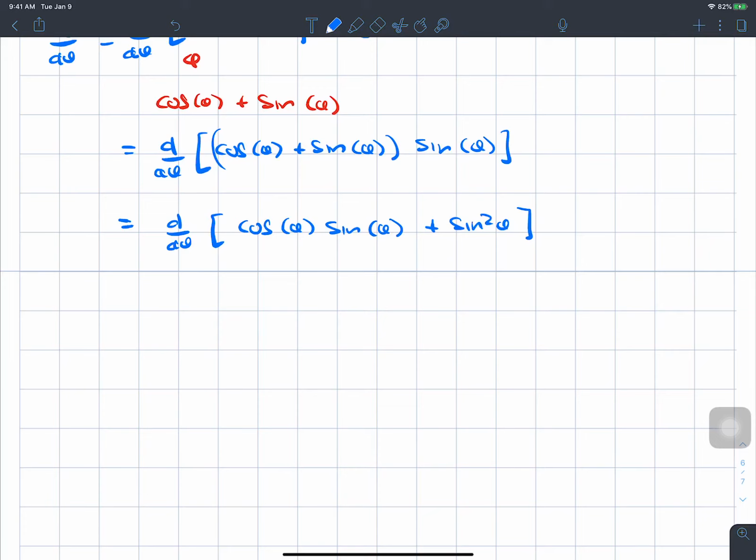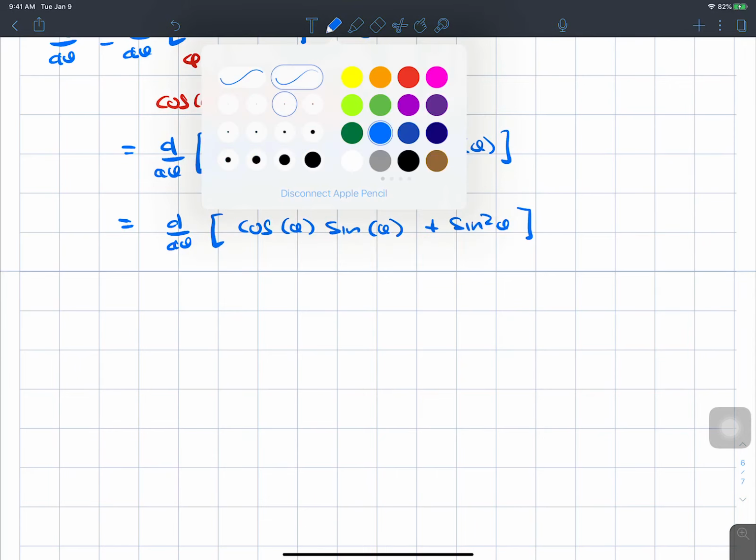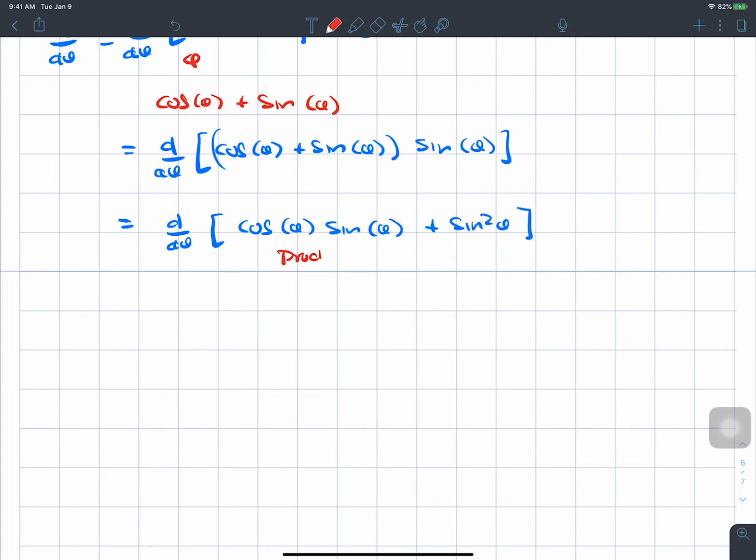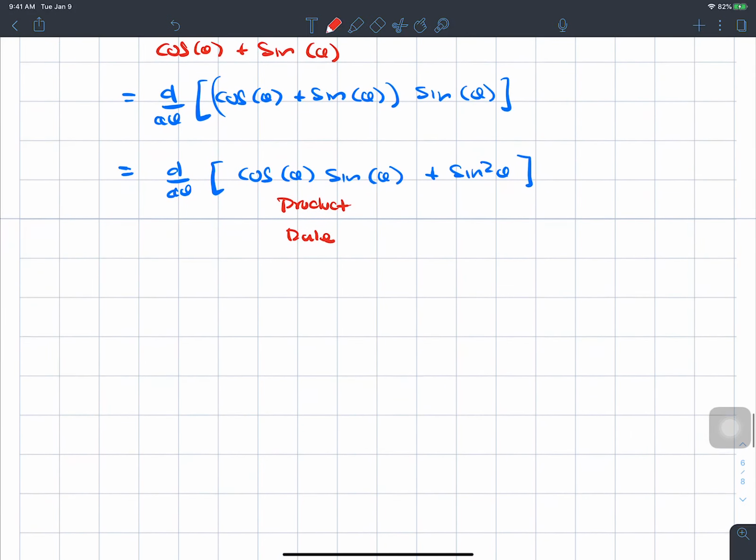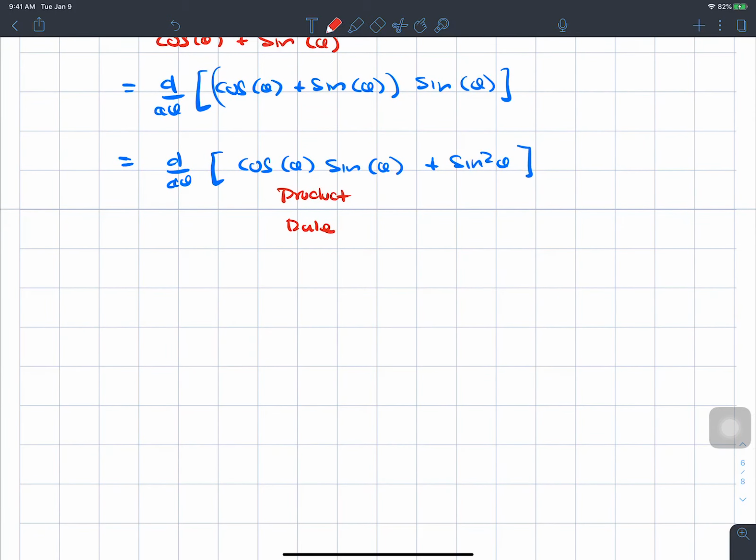Now, I can differentiate this where I have the product rule here, and that's plus sine squared theta. So here's what I think I'm going to do. Let's see if I remember, sine 2 theta, I believe, is 2 cosine theta sine theta.